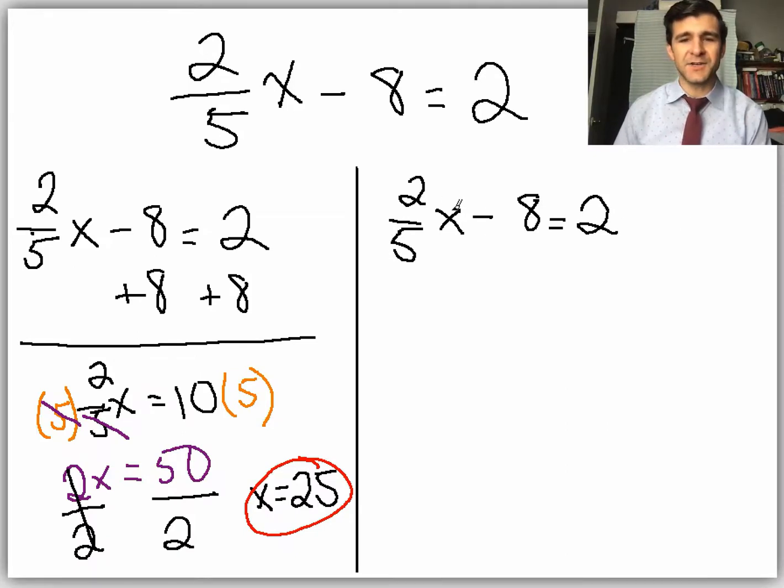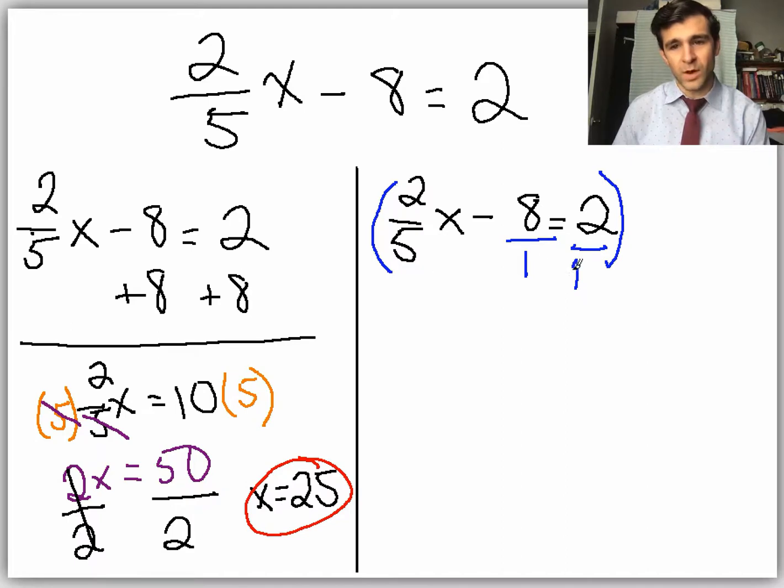But I can't just multiply only this part. What I want to do is I'm going to select the 5. I'll use blue this time. And I'm going to multiply the entire thing by 5, because really these terms are fractions and their denominators are 1.